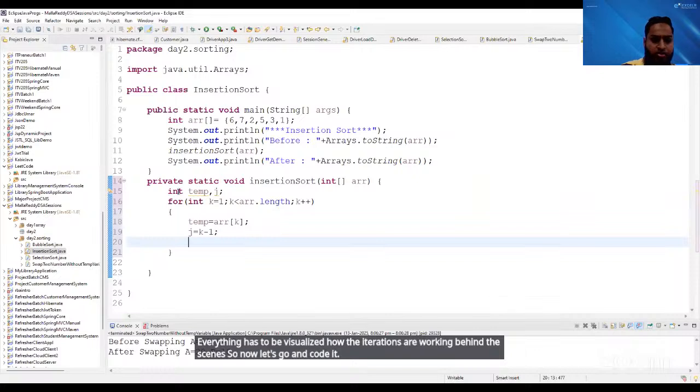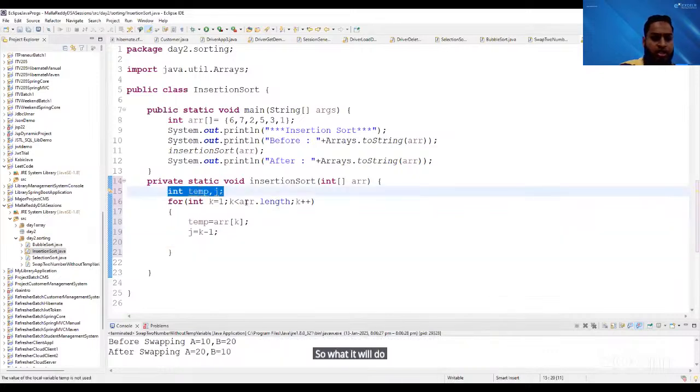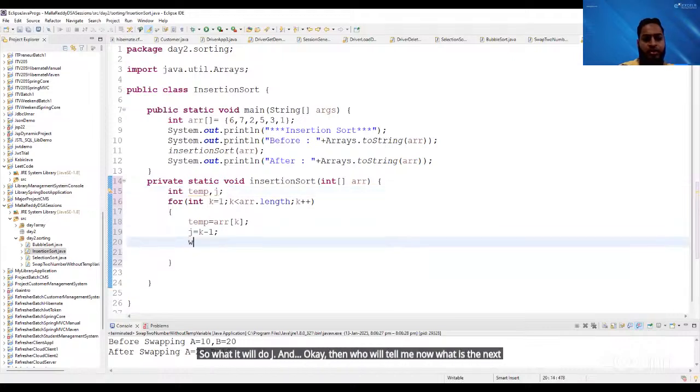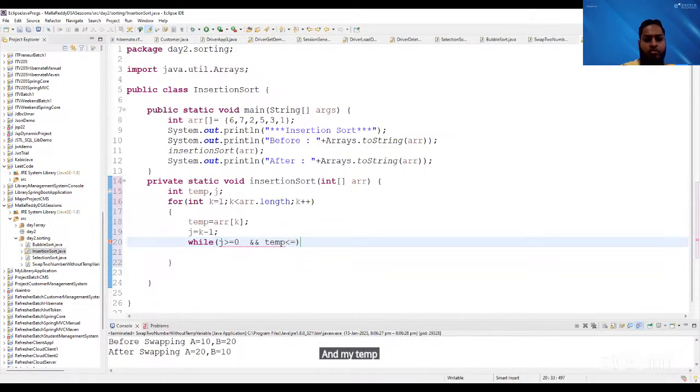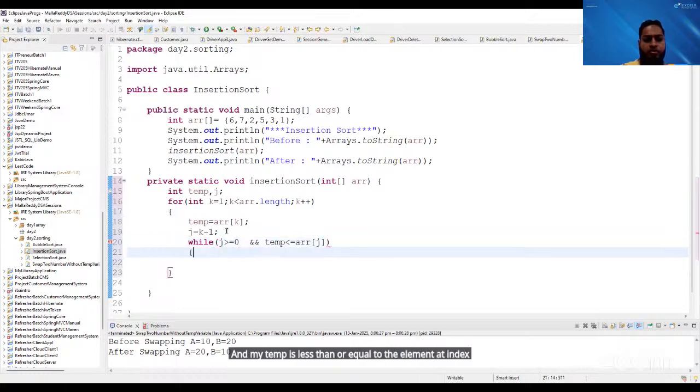So what did we do? J and temp. Who will tell me now what is next? While my J is greater than or equal to 0 and my temp is less than or equal to the element at index J, what will I do?